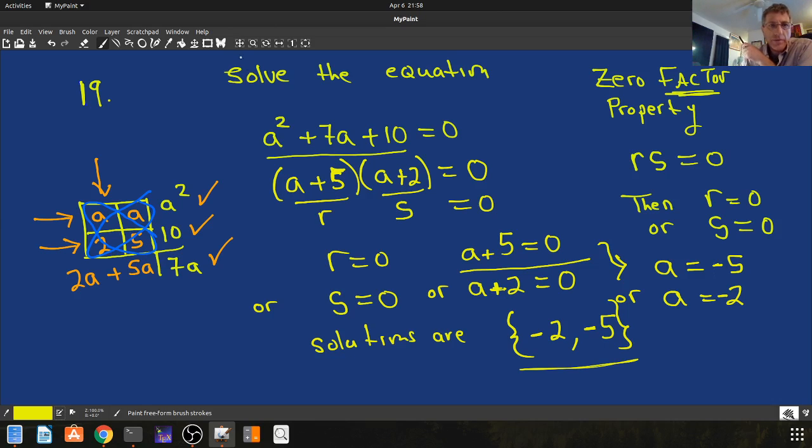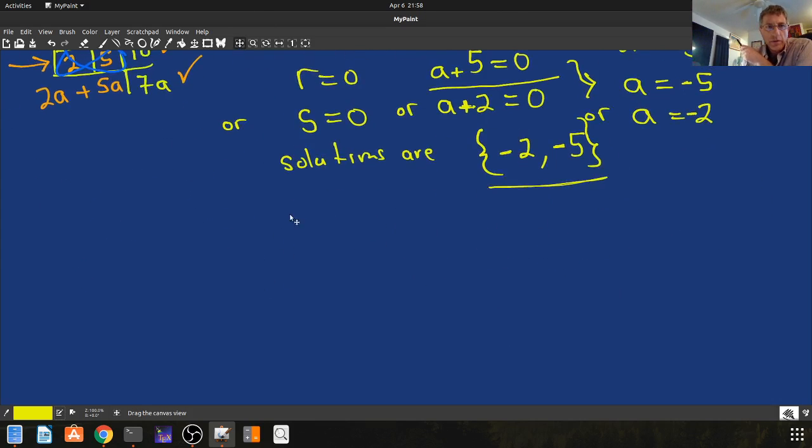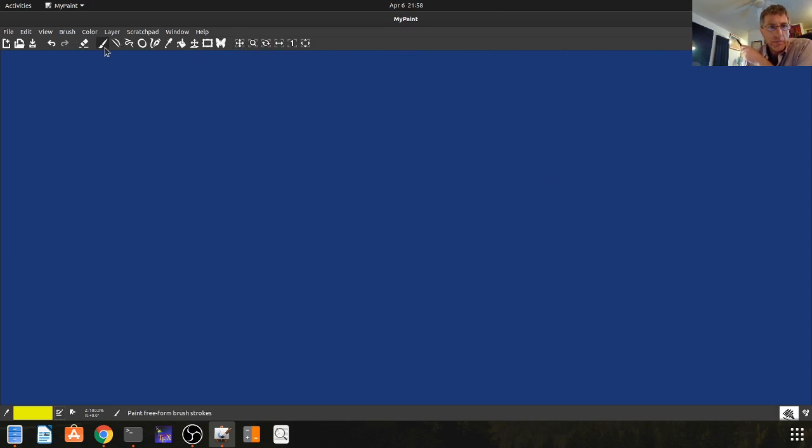A lot of these are factoring problems. So factoring is a really important tool. So you're asked to factor. This is number 20. You're asked to factor 100x squared plus 20x plus 1.